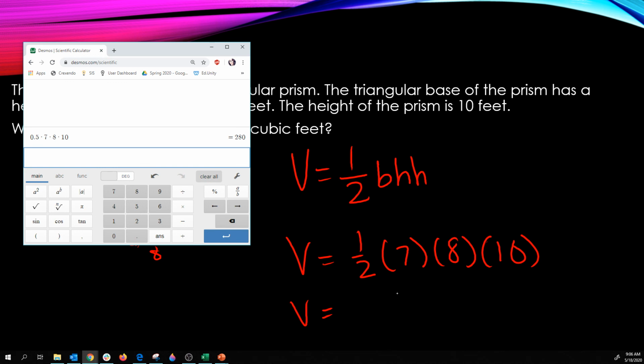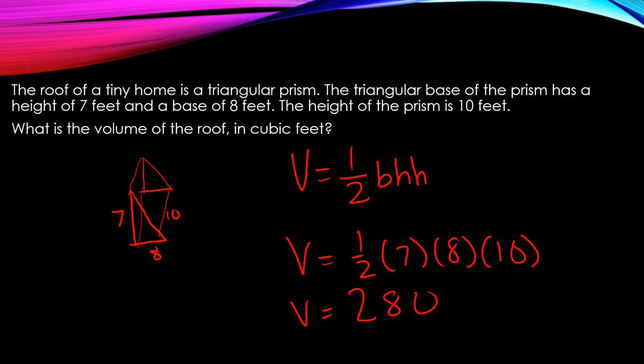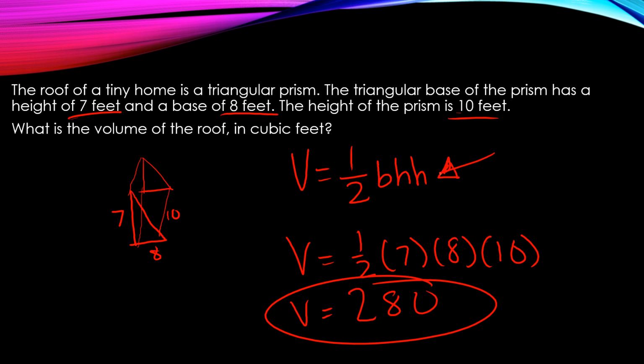I get 280. So what I did for this problem is I just took that base and height, like these three numbers here, and really I just plugged them into this. So I multiplied all of them together, but don't forget the 1/2 as well.